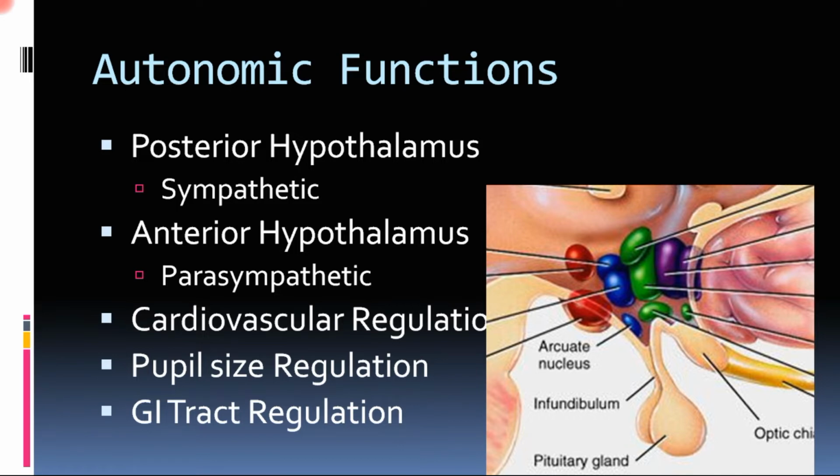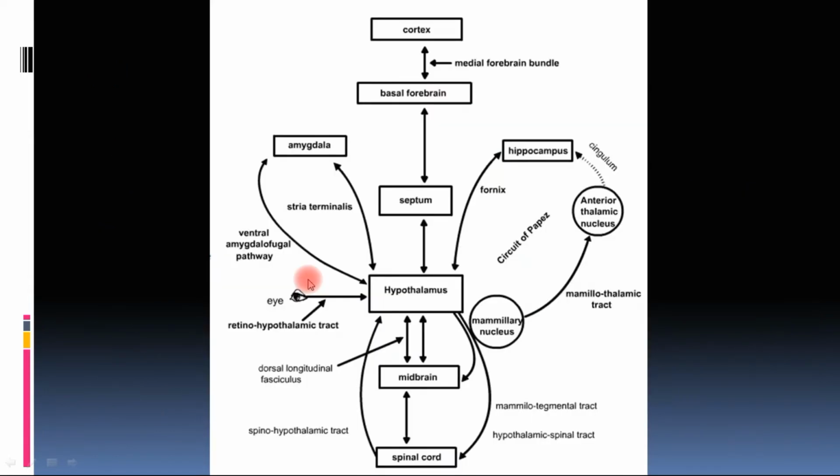So that is how the hypothalamus integrates and controls the parasympathetic and sympathetic outflow. The posterior hypothalamus is the sympathetic center and the anterior hypothalamus is the parasympathetic center.